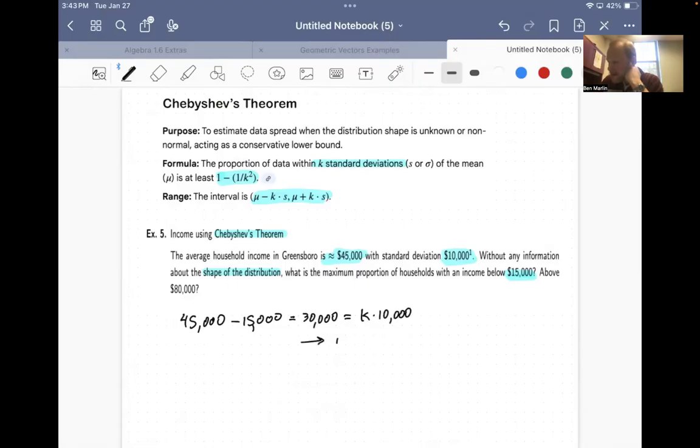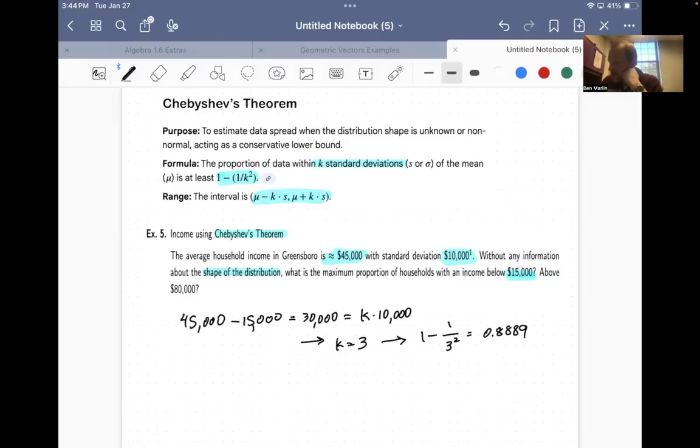That tells me that the k has got to be 3. And then we plug into the Chebyshev formula and say 1 minus 1 over k squared, that's 3 squared. So 1 minus 1/9 is going to end up being 0.8889. Okay. That will be the proportion that is at least that close.